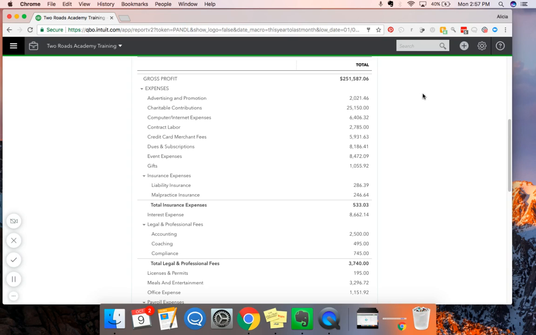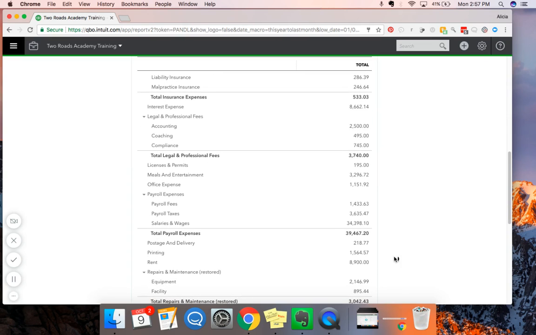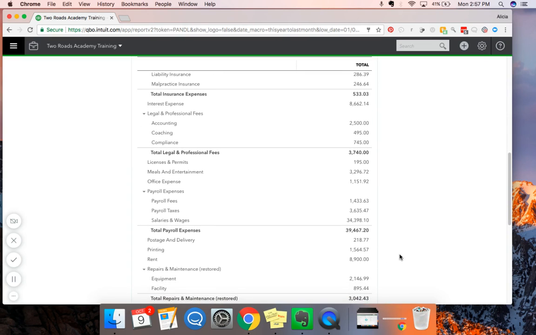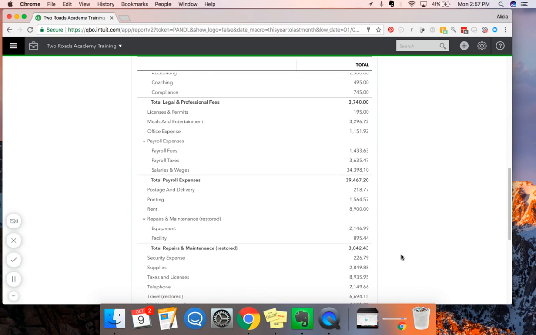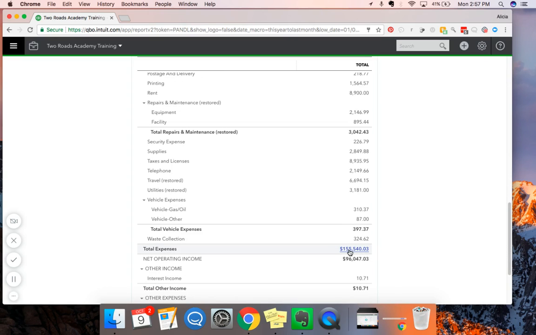This can include things like advertising, computer expenses, contract labor, credit card fees, insurance, legal fees, accounting fees, interest expense, office expenses, payroll, rent, repairs and maintenance, postage, and a host of other options as well. At the end here, you'll see total expenses. Your net operating income is your gross profit less your total expenses.